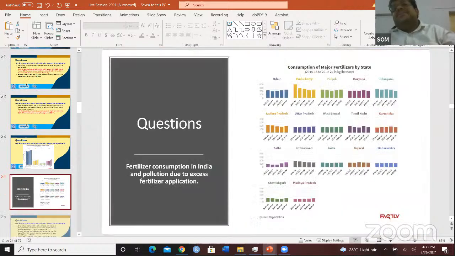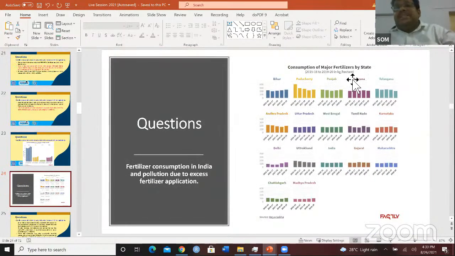Now if you see the consumption of major fertilizers by states, you can see that several states have a high amount of fertilizer consumption. In Chhattisgarh there is an increase, in Delhi there is an increase, and in Karnataka also we can see some increase.